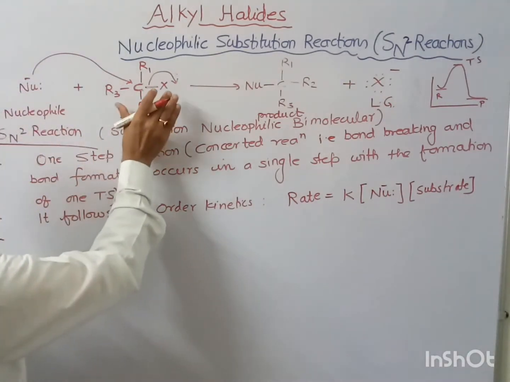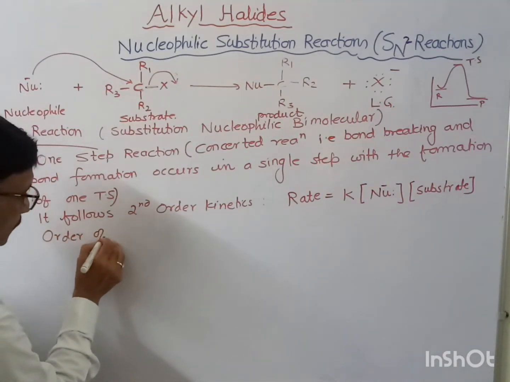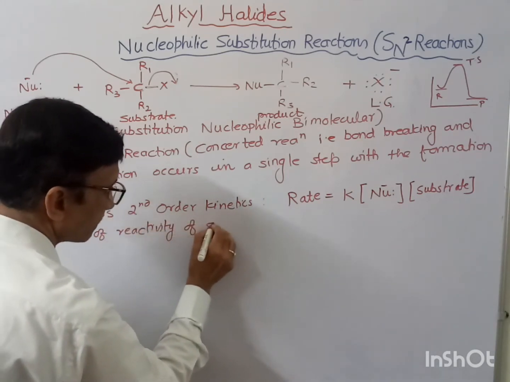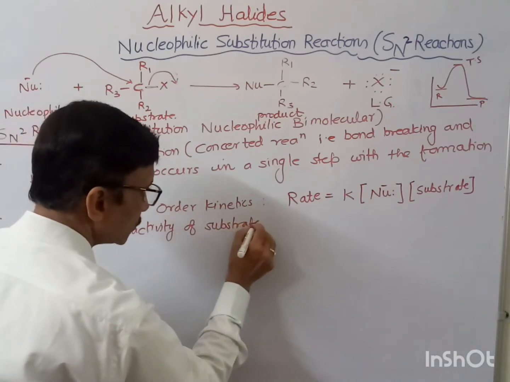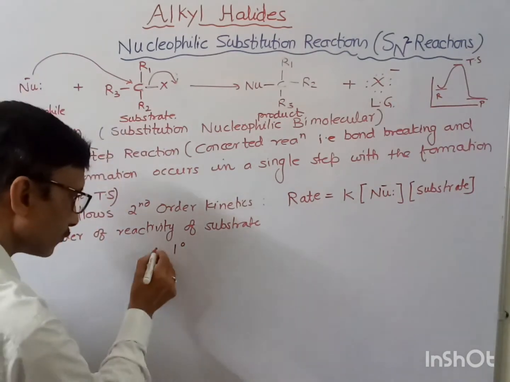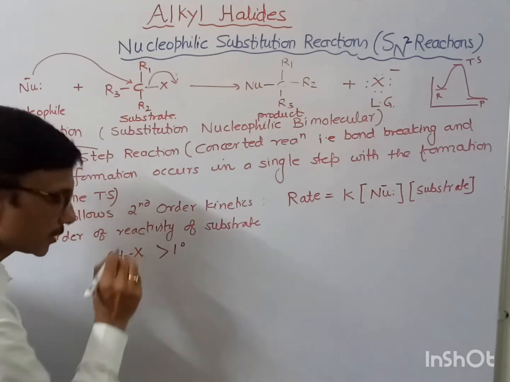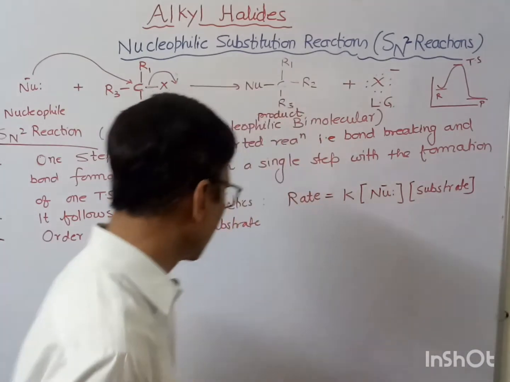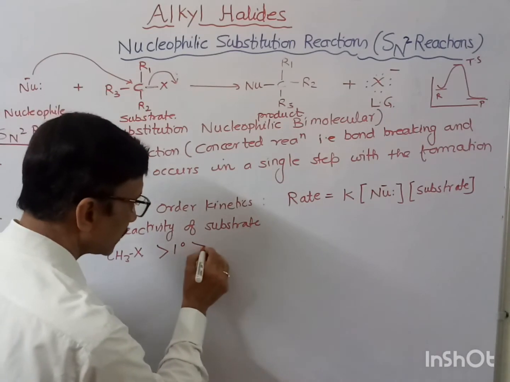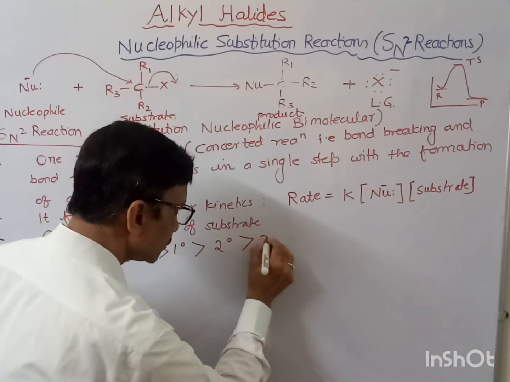The order of reactivity of substrate for SN2 reaction is: methyl halide is more reactive than primary alkyl halide, then secondary alkyl halide, then tertiary alkyl halide.